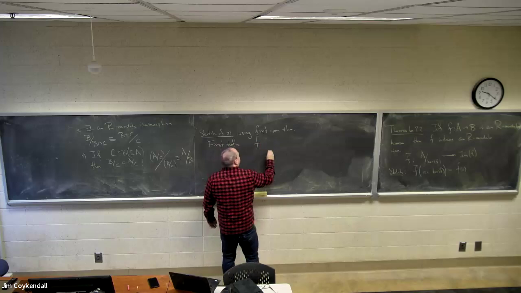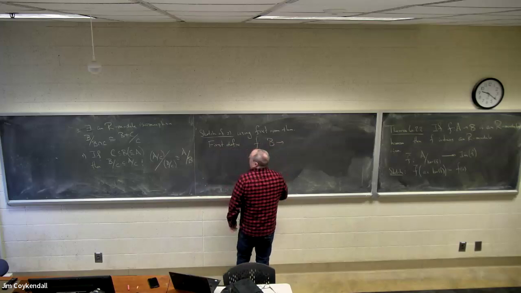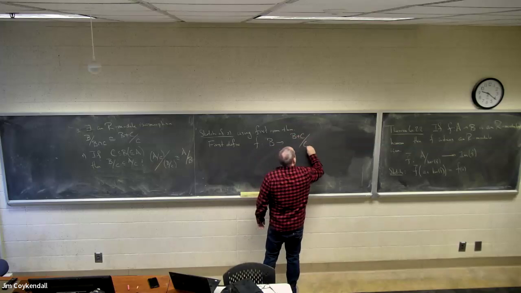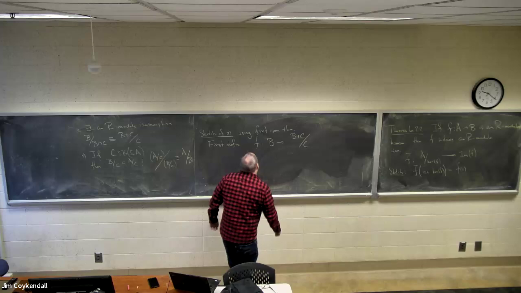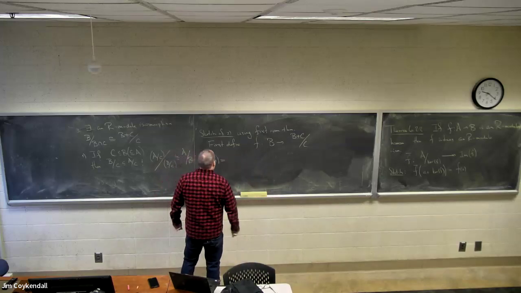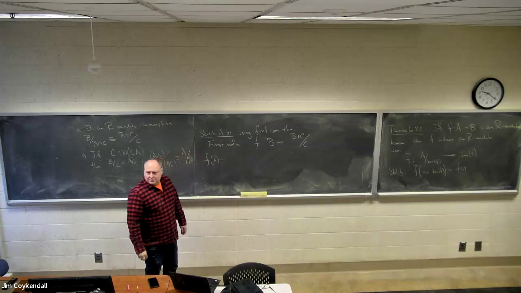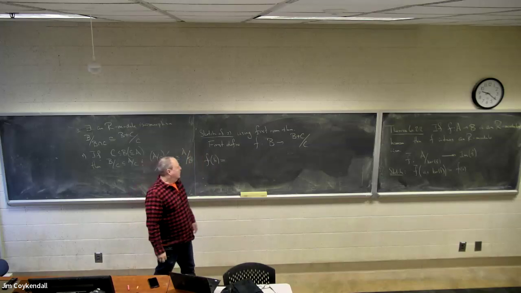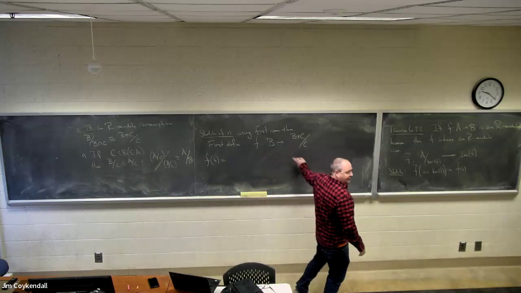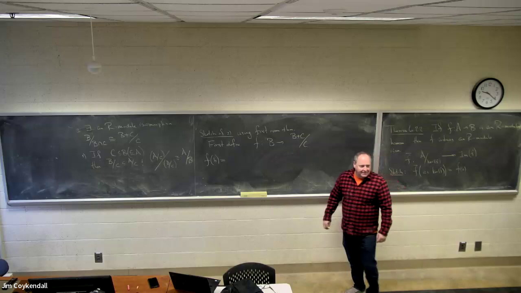F from B to B plus C mod C, given by F of B is equal to what? What's easy? Don't do it. What's the easiest way to shove an element B into here?